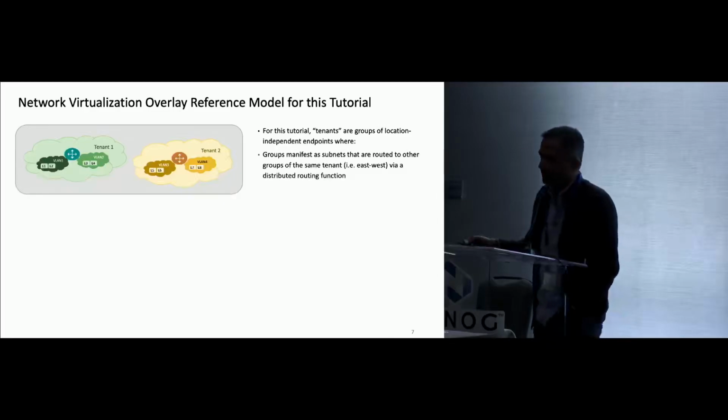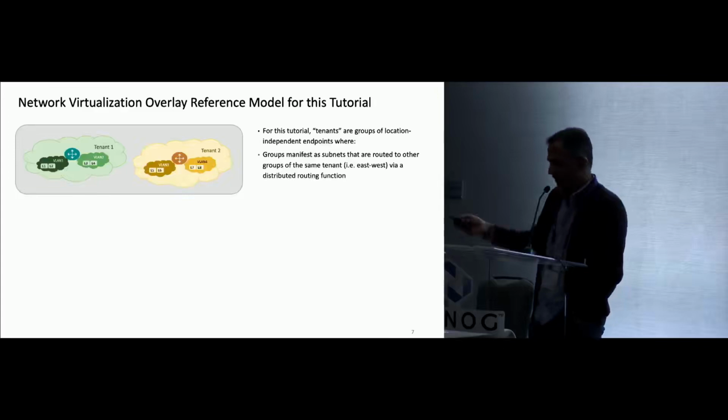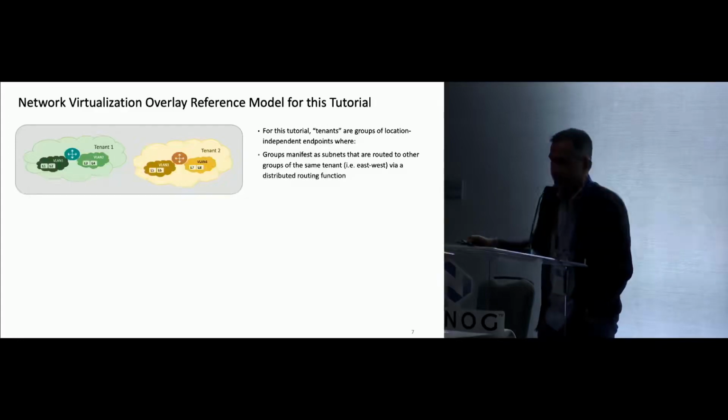Groups manifest as subnets for this tutorial. These subnets are routed to other subnets using a distributed routing function. All intra-tenant traffic we will refer to as east-west traffic. So inter-subnet traffic within a tenant and intra-subnet traffic within a tenant is east-west.